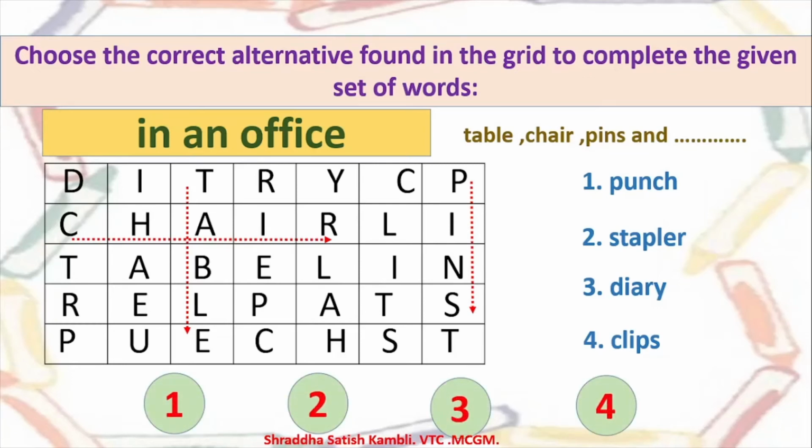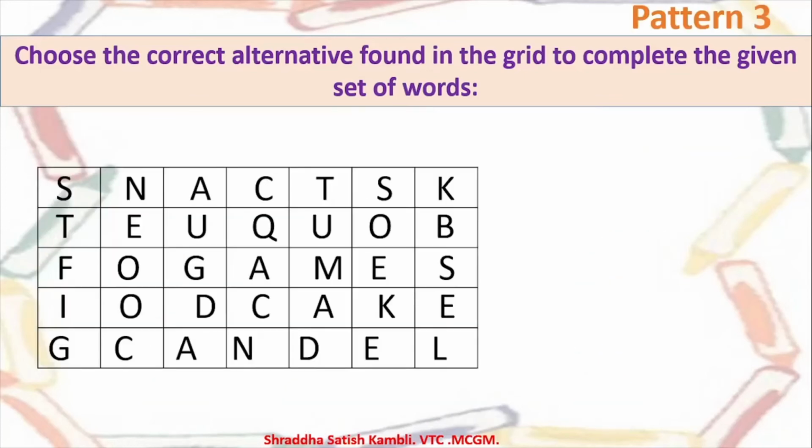So which one will you be able to find, children? You will be able to find the second option, stapler. Where is it? Here it is. S-T-A-P-L-E-R, stapler, written backwards.